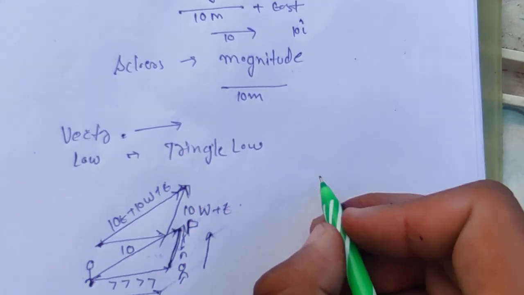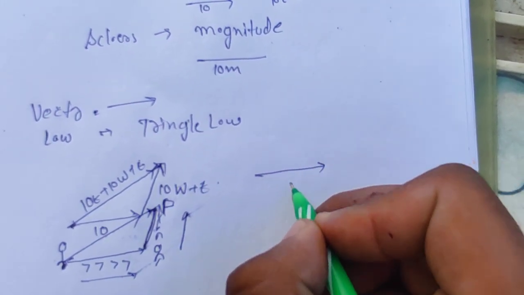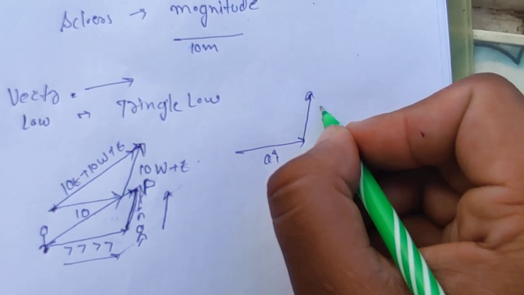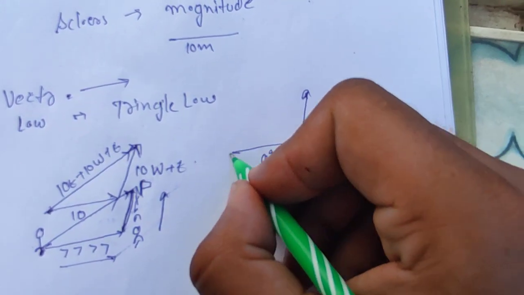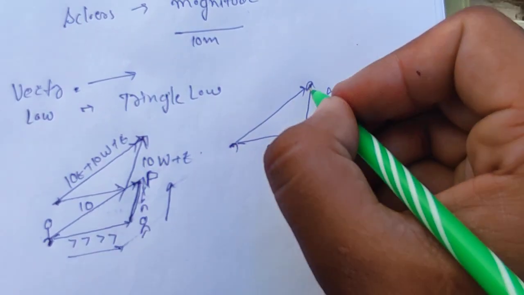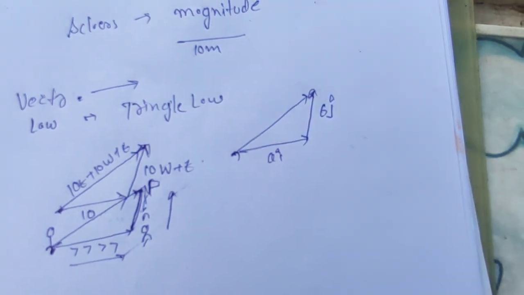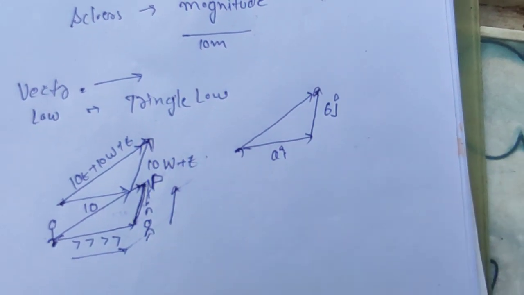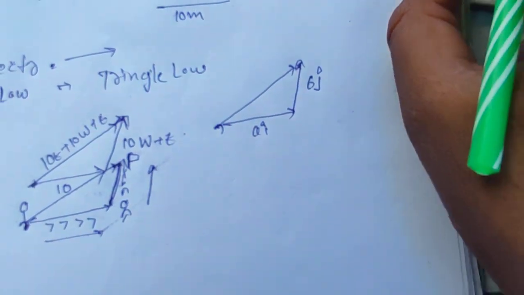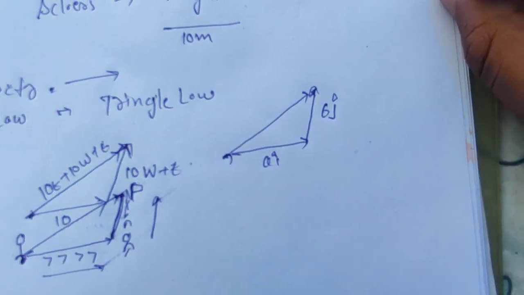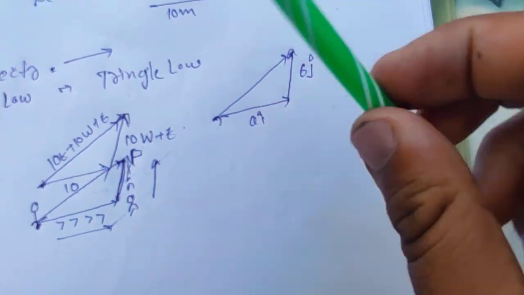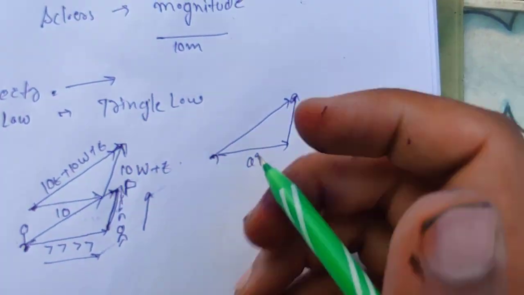So the triangle law means, for example, one vector goes as A i cap, and the second vector comes as B j cap. The actual position from the initial to the final, you can also see in an intuitive way: you go in this direction and this direction, so actually you go in this direction.